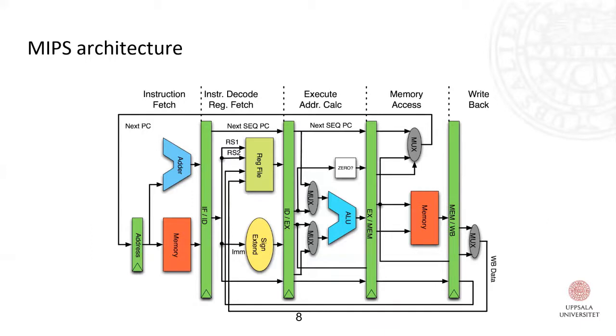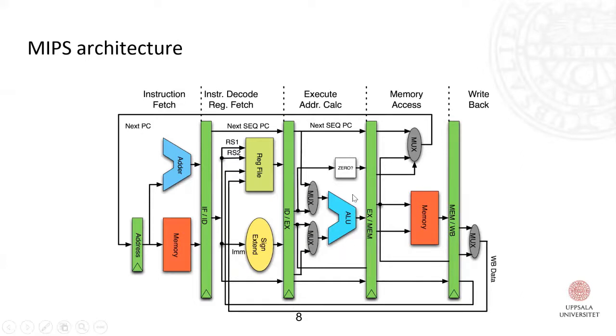For example, when an instruction is being executed in the ALU, another instruction will be fetched at the same time, because reading the instruction from memory can be done independently from the computations in the ALU. And at the same time, another instruction can be decoded. So all these are happening in parallel, which will speed up the processor a lot.